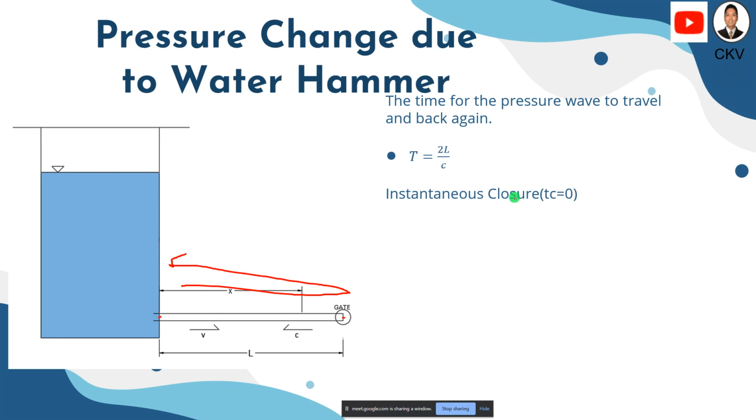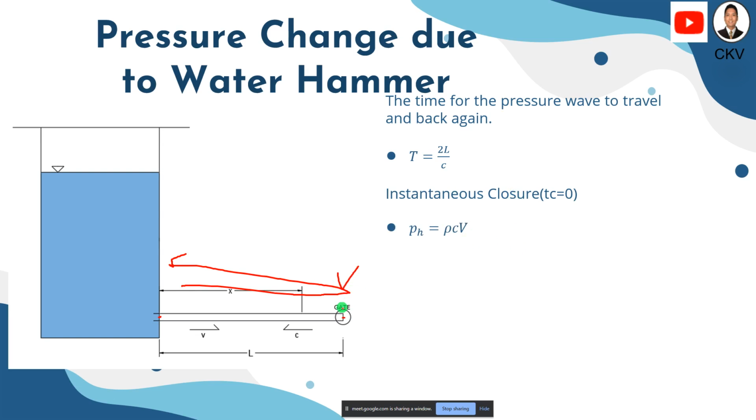For different times of closure of the valve or gate, there is a different solution for computing the pressure change due to the water hammer. The first one is instantaneous closure, which is the immediate stoppage or closing of the gate.